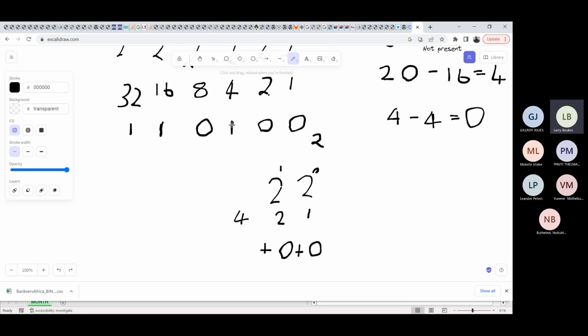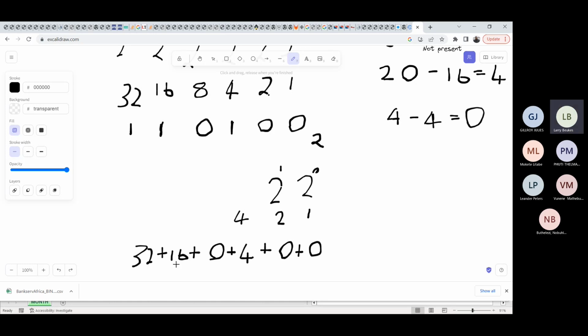So 4 is present. Remember, 4 is present. 4 multiplied by 1 is going to become a 4 here. Then 8 multiplied by 0 is going to become a 0. It's not present, so you can just say it's not present. 16 multiplied by 1 is going to be a 16. 32 multiplied by 1 is going to be 32.